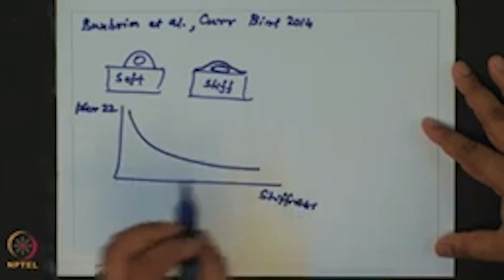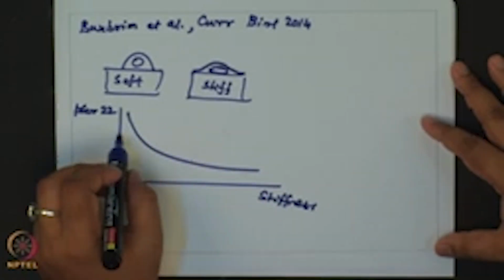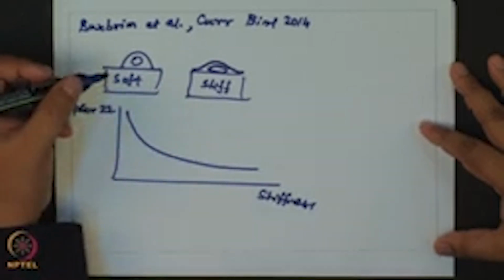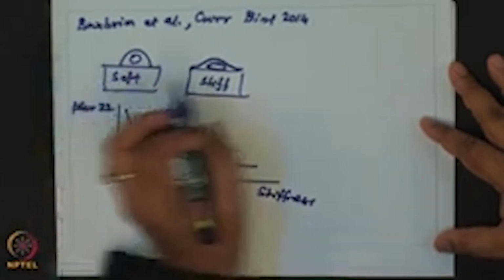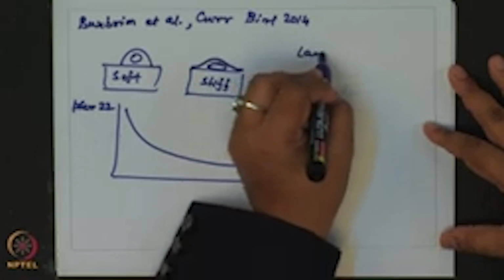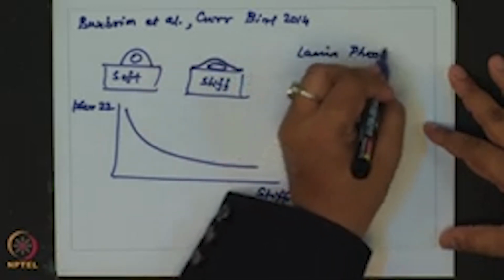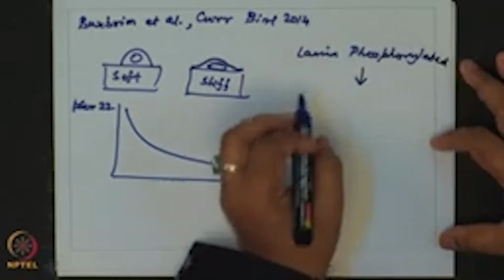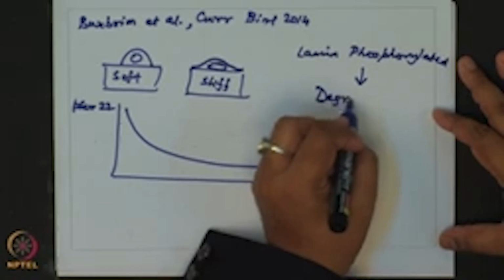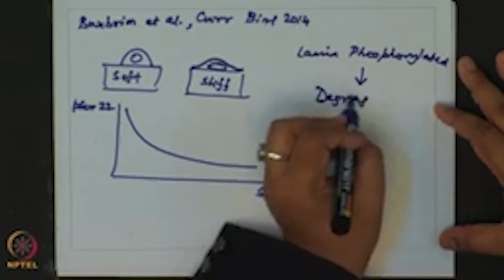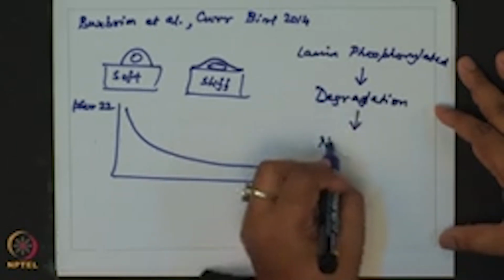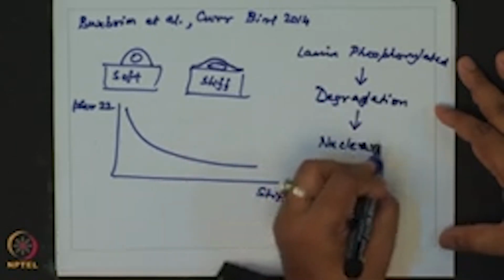So, as you increase stiffness, phosphorylation decreases. On soft substrates, the amount of lamin phosphorylation is a lot higher. When lamin gets phosphorylated, it leads to degradation, and degradation would mean effective nuclear softening.